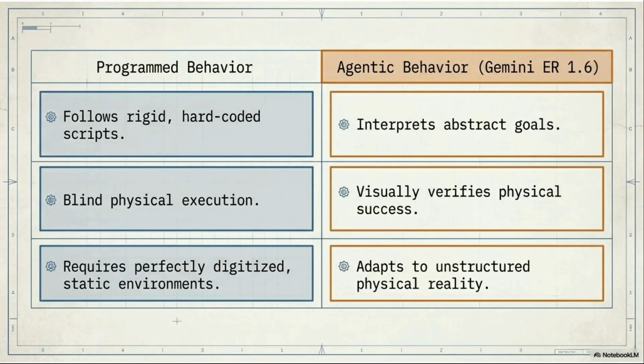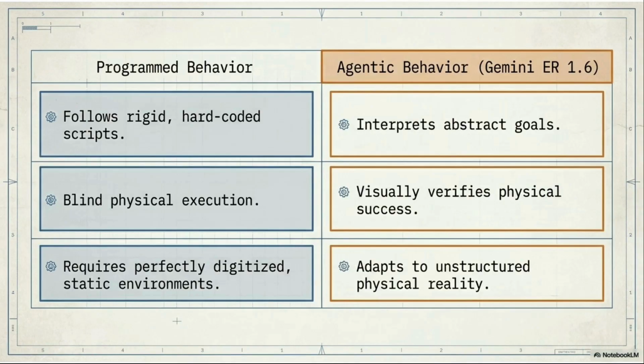This slide shows the traditional program behavior and the agentic behavior of models like Gemini ER 1.6. Traditional programs follow a rigid, hard-coded description and blindly execute the code without any kind of intelligence.